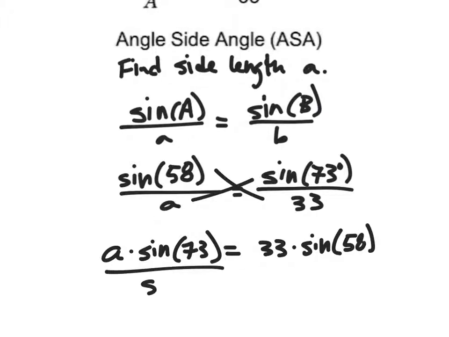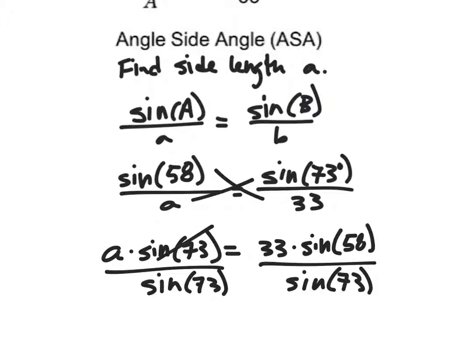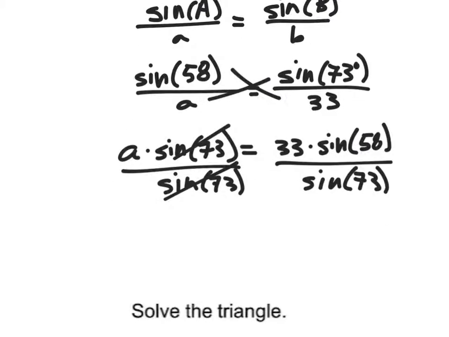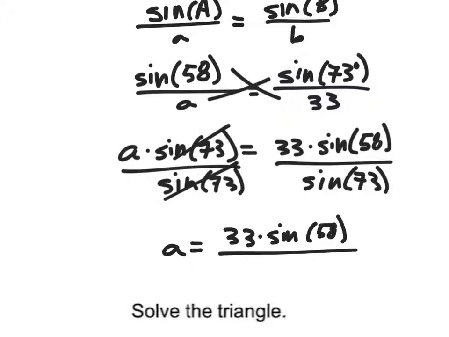Divide both sides by sine of 73, those are going to divide out. And so you have that A is equal to 33 times sine of 58 divided by sine of 73. That's what we want to plug into our calculator.